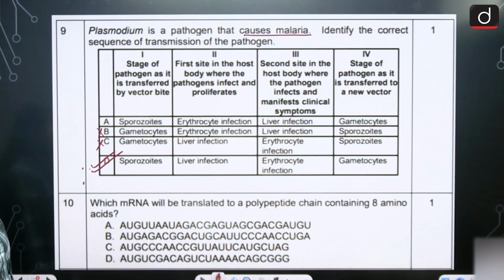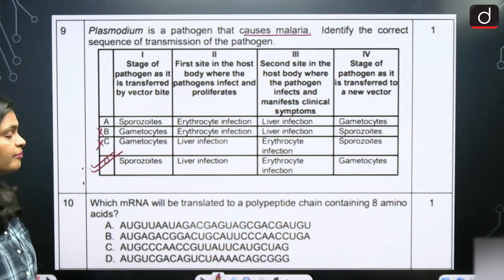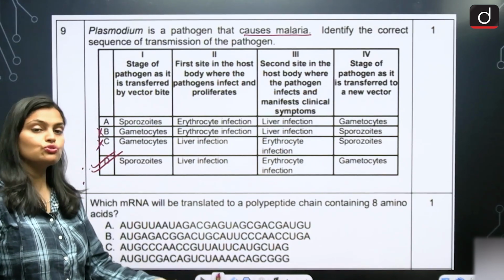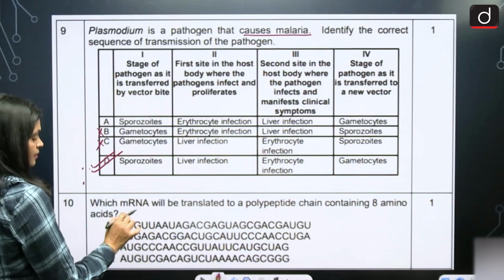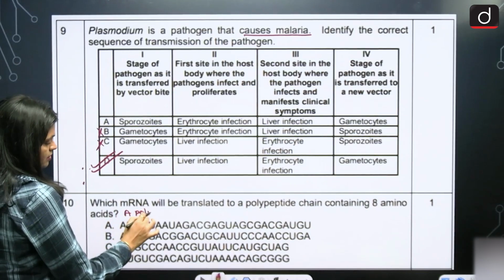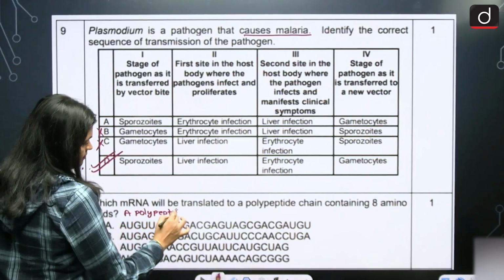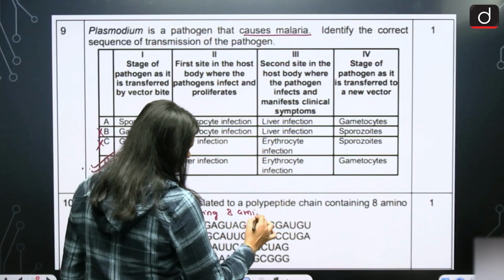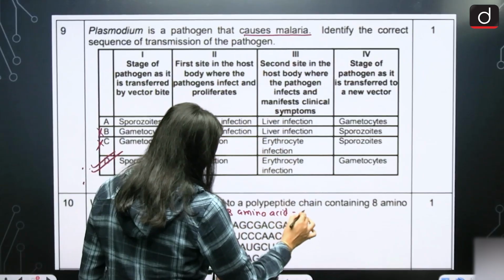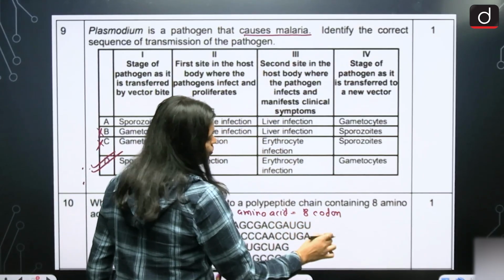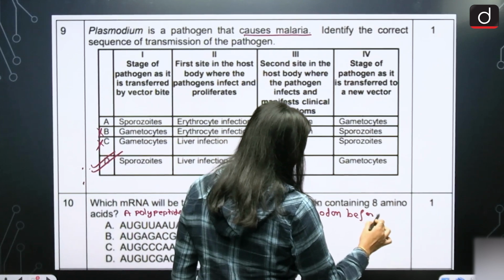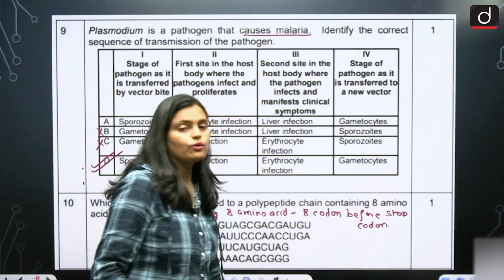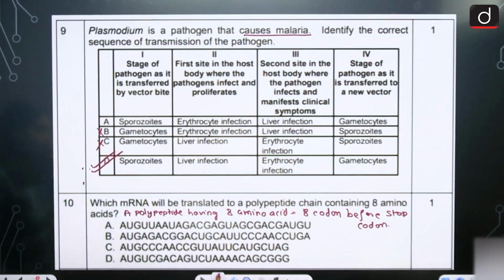See, a polypeptide having 8 amino acids means it has 8 codons before the stop codon. Eight codons before the stop codon, right?